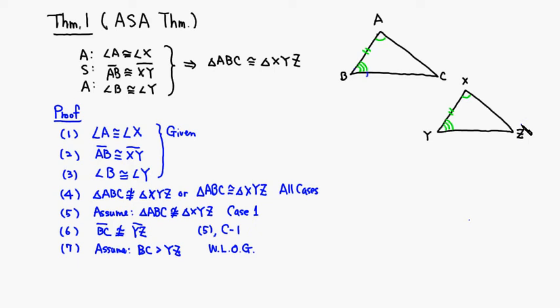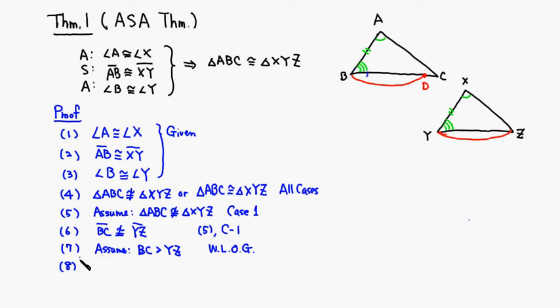Right, so what can we do? Then we know, let's see, 8. Why don't we construct a point somewhere here, D, so that this length is the same as YZ.